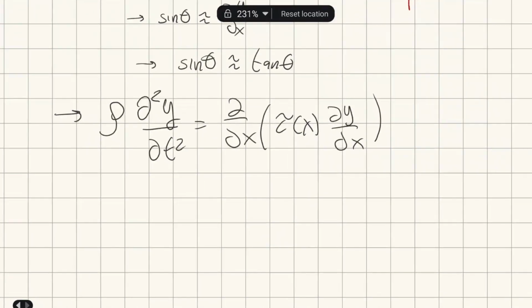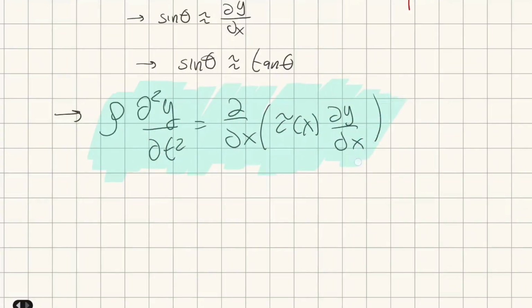This result is known as the equation of the vibrating string. This was the main goal of the lesson. It is the differential equation that describes the motion of a guitar string, maybe, so it is very, very important.